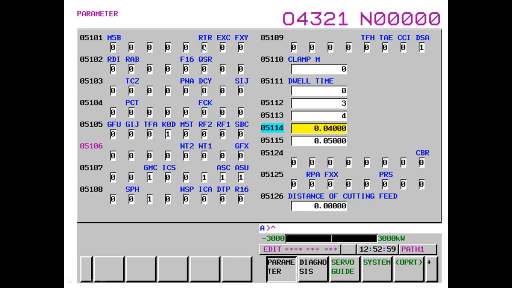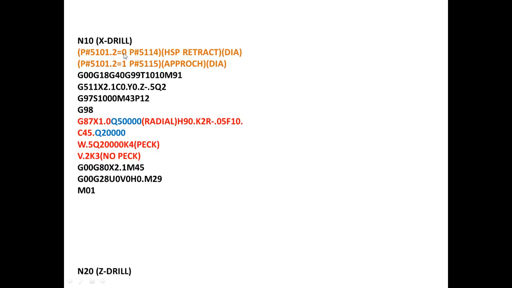So there are 3 parameters involved: 5101 bit 2, 5114 is the retract amount, and 5115 is the approach amount. It's all diameter. So let's go to the actual program. Of course, you need to rotate your spindle, in this case M43.